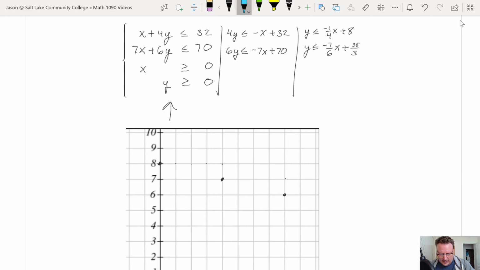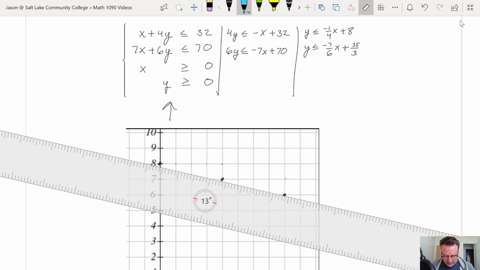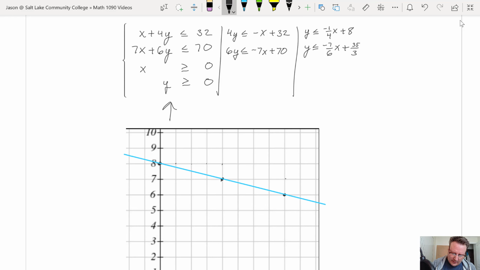So let's connect these points up, and I have non-strict inequalities, so I'm going to use a solid line. Okay, now let's graph the next inequality. y is less than or equal to negative 7/6 x plus 35/3.